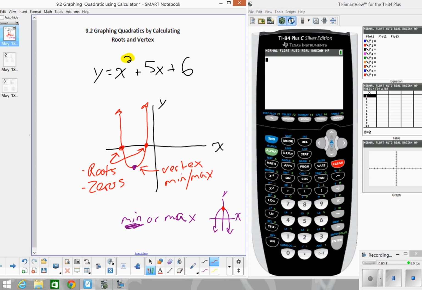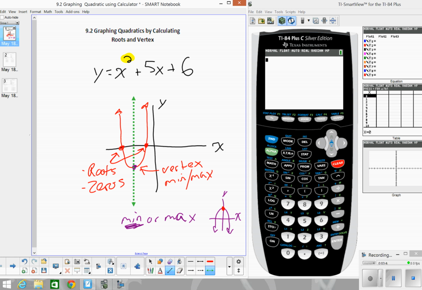The last thing I want to talk about is the line of symmetry. We talked a little bit about line of symmetry, but what we want to emphasize is that something symmetrical is like a mirror image on both sides. If a parabola is symmetrical, it means that if I drew a vertical line right down the middle through the vertex, both sides are going to be equal.